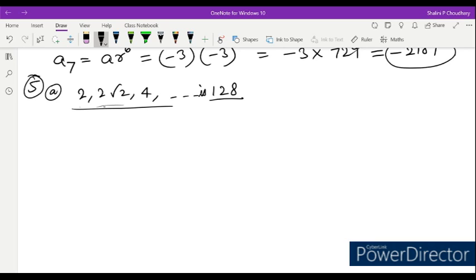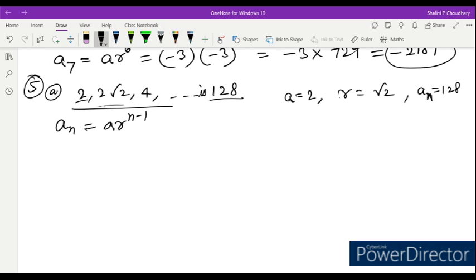That means we have to take the nth term, which should be equal to a into r to the power n minus 1, right? Now a is given, the first term is 2, r will be equal to root 2, and the nth term is equal to 128, and we have to find out n.